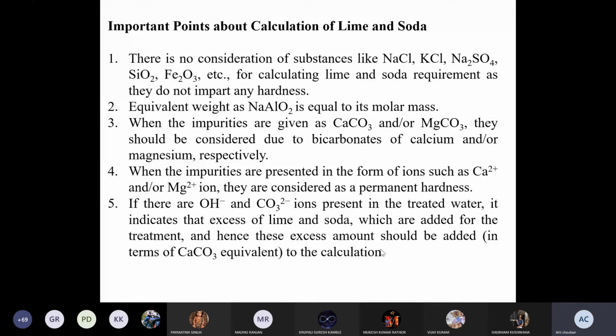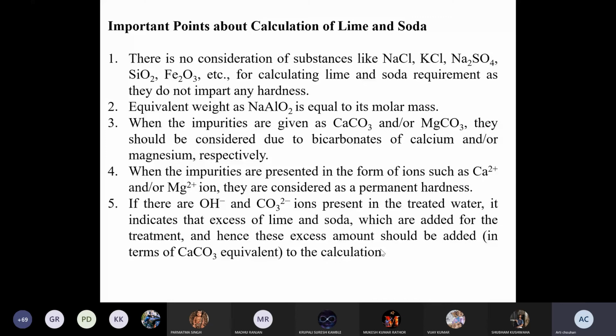So if the concentrations of these salts are given in a numerical and you are asked to calculate the requirement of lime and soda, you should not consider these substance values in the requirement. Some additional information may be given in the numerical.